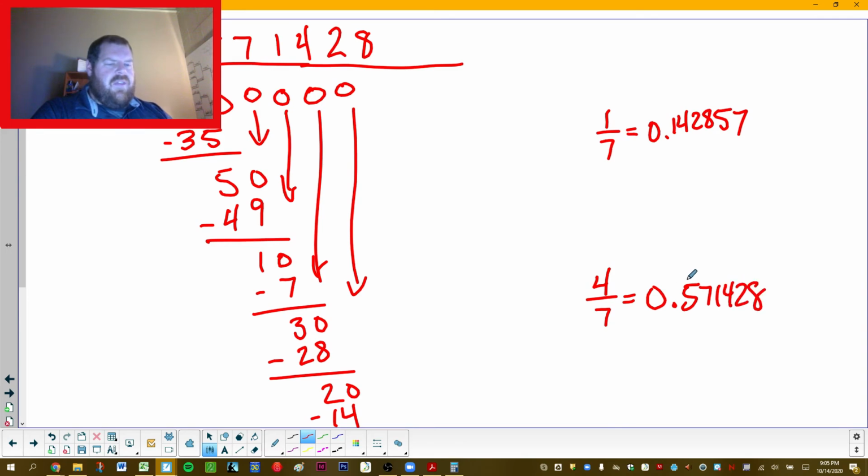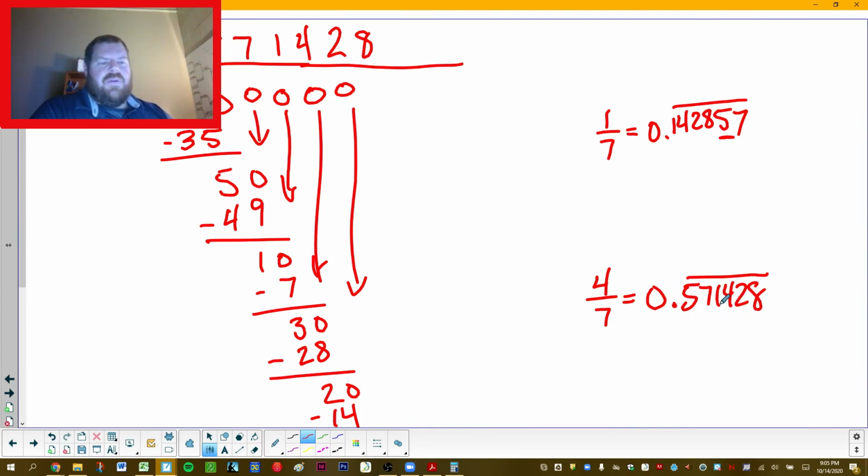And that pattern will repeat just how this pattern repeated. But notice the difference. All I did was start here. 571428. Anything over 7 is some combination of these 6 numbers in the same order.